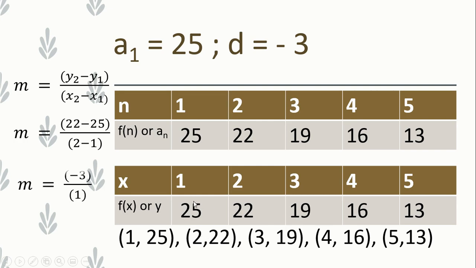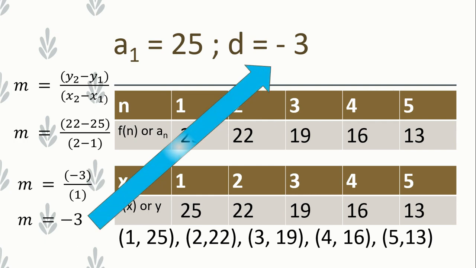Performing the operations above, that is 22 minus 25 over 2 minus 1. 22 minus 25 is negative 3, 2 minus 1 is 1. Negative 3 divided by 1, the answer is negative 3. Therefore, we verify that the slope is equal to negative 3, which has the same value as the common difference. Is that clear?